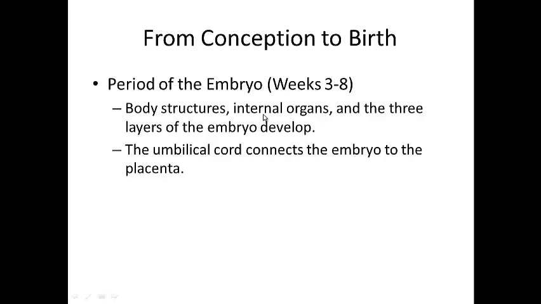Limbs, internal organs, the 3 layers of the embryo develop. Cells begin to differentiate into bones, into skin, into cells that will become part of the nervous system in a structure called the neural tube.